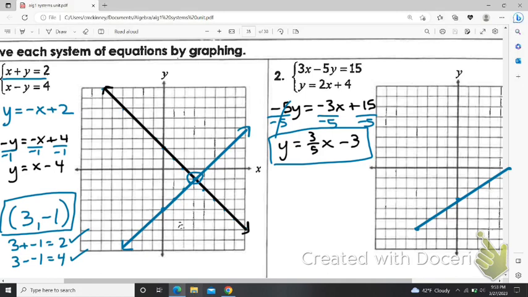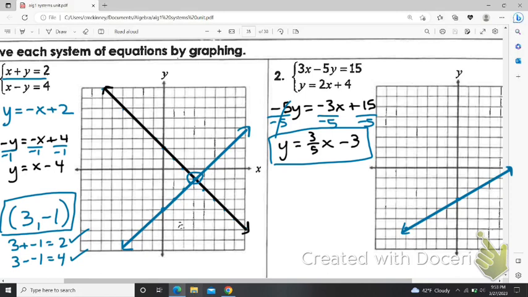Wait, up 3 and over, that's because I did not count 5, I counted 3. So down 3 and over 1, 2, 3, 4, 5. That's why. Nothing like messing that up. Not starting over. And then the other one is already in slope-intercept form.